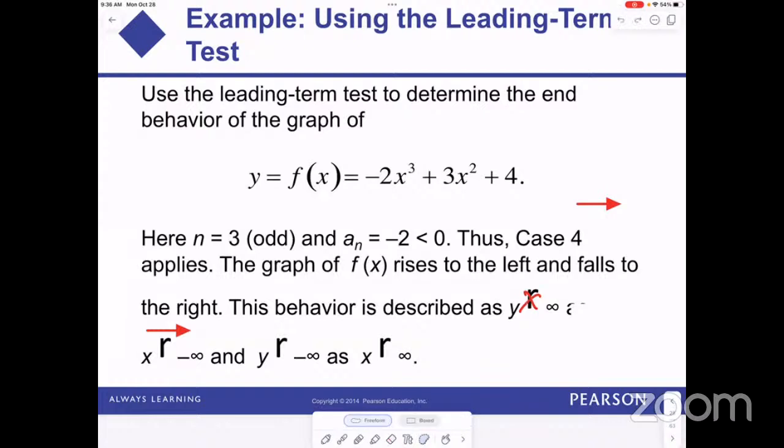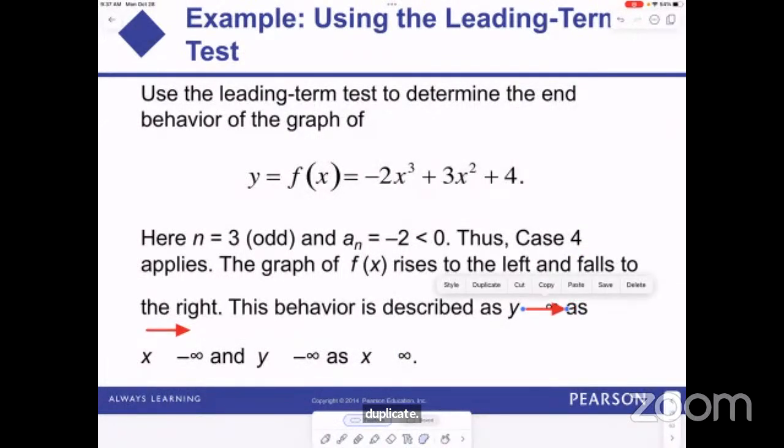Duplicate. I'm just going to get rid of these typos. Duplicate. Duplicate. And again, these are supposed to be like right arrows. Style.